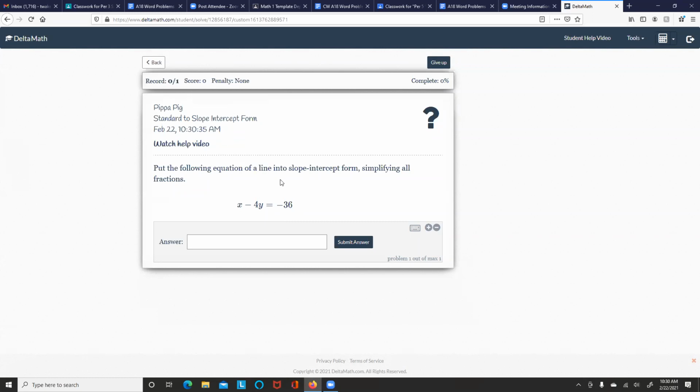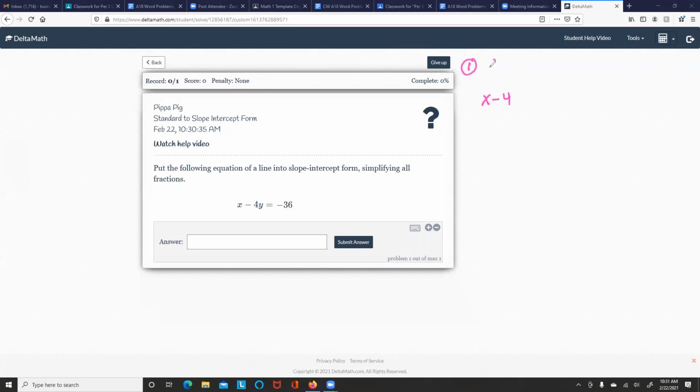Put the following equation of a line into slope intercept form, simplifying all the fractions. Okay, guys. If I make a mistake or anything, please correct me. Hopefully I won't. So this is not in slope intercept form. This is what we call standard form. So this is the work you should be showing on number 1.